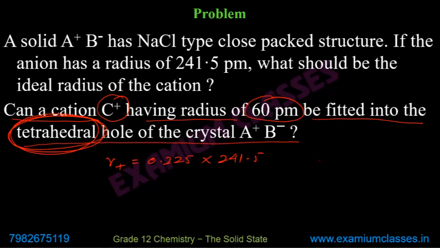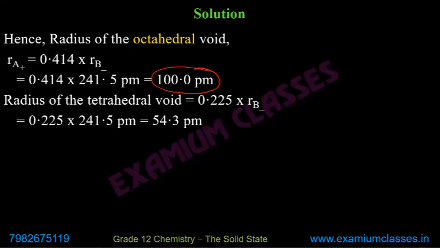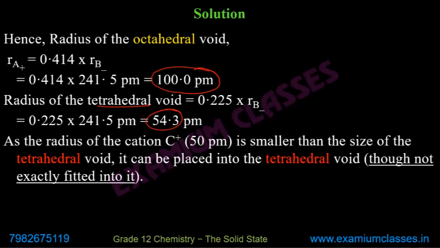Now 25 into 25 gives you 625, means it is something 600 if I consider slightly greater. But 24 multiplied by 22 will be less than 600, so you can say about 60 picometer. So if you calculate this for tetrahedral void, it will be 54.3 picometer only, the maximum radius. It means 60 picometer cannot be accommodated.